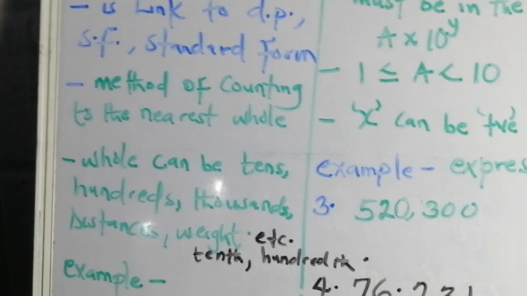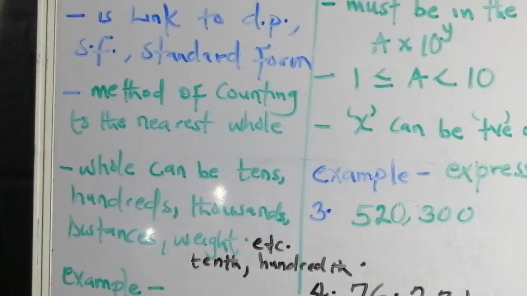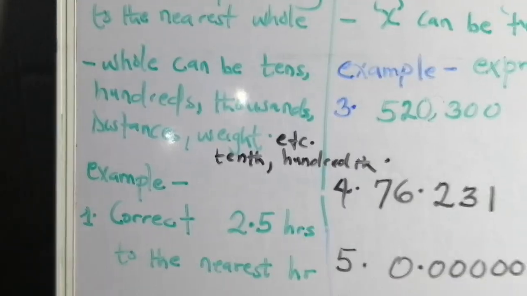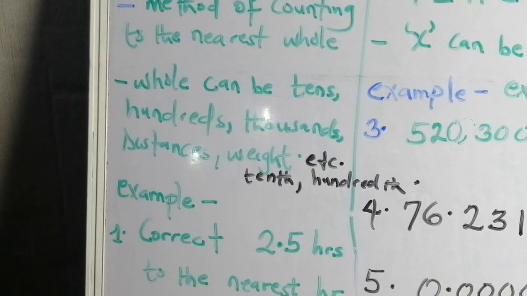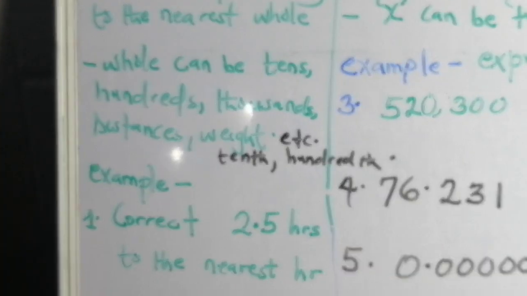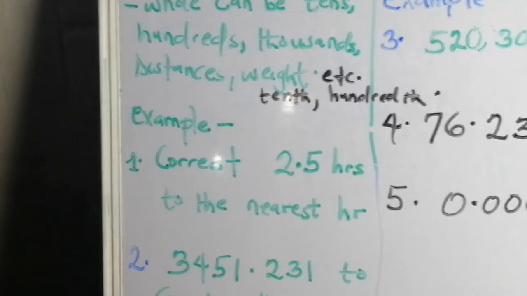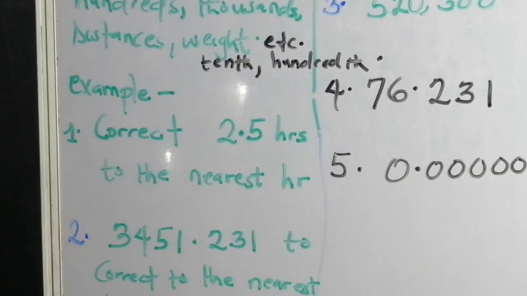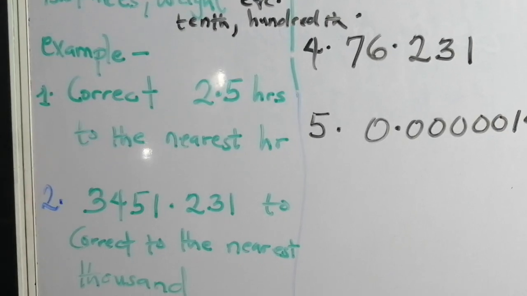Now, example one. After you must have done your calculation relating to hours, or perhaps they give you an option in your exam that says correct 2.5 hours to the nearest hour. That's an example of approximations.